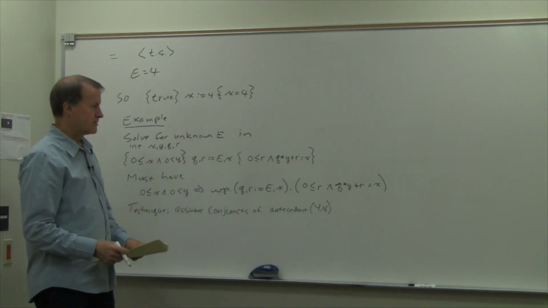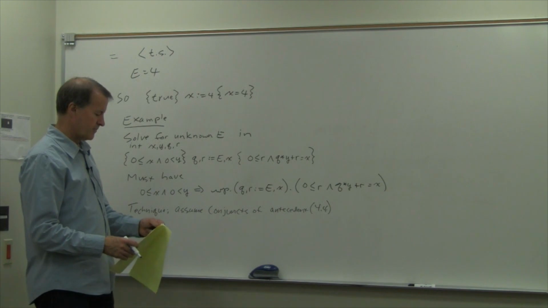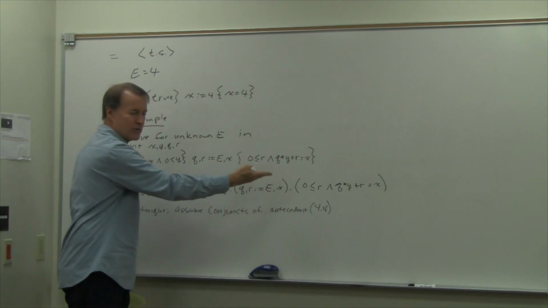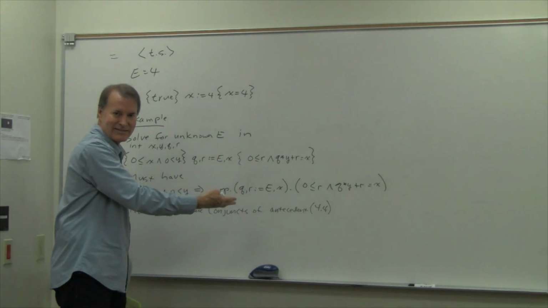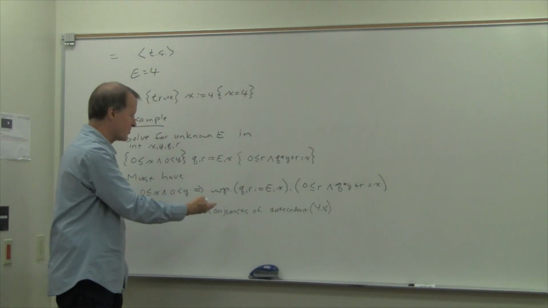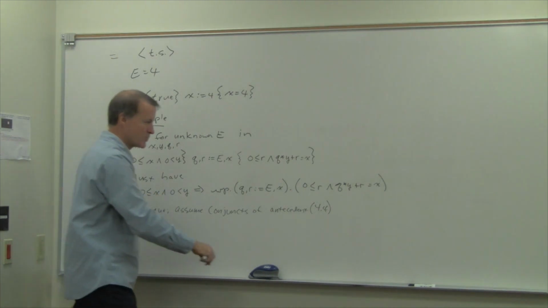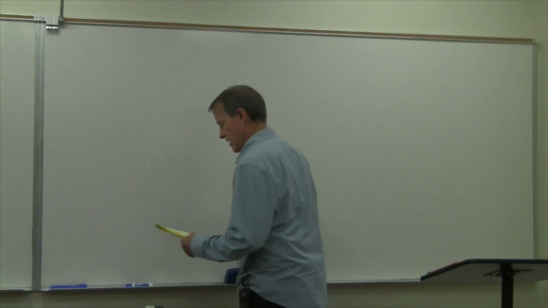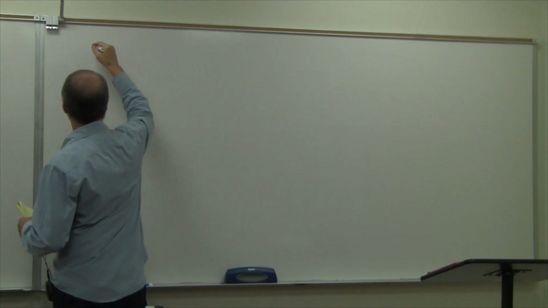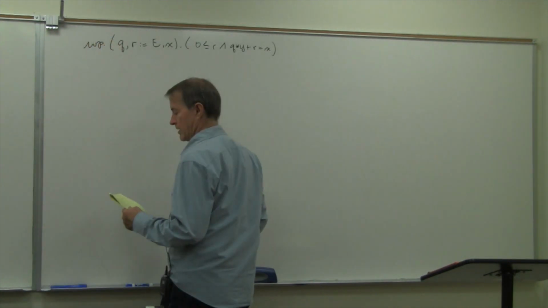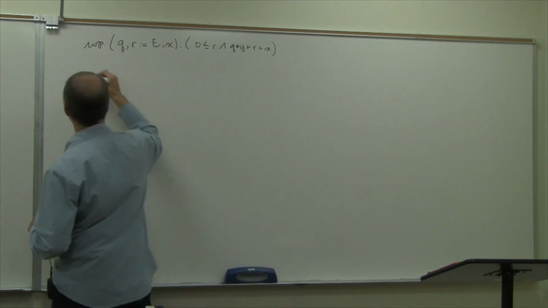All right, so now what we'll do is we will start with this, and we want to work our way towards solving for e. We can assume any of these conjuncts as we go, right? All right, here we go. WP, so here, where do we start? WP dot what?